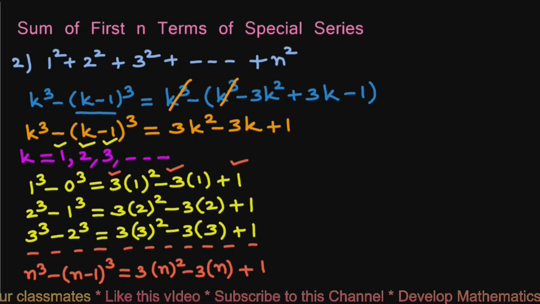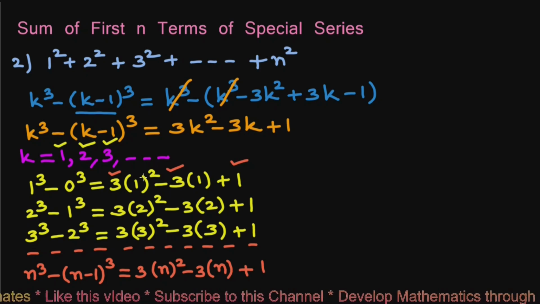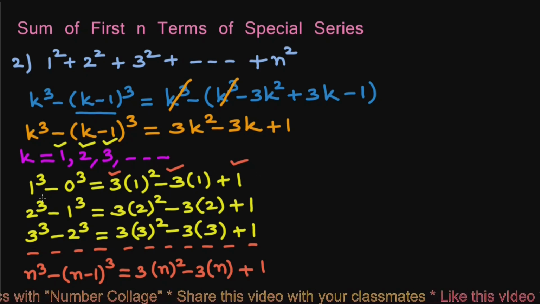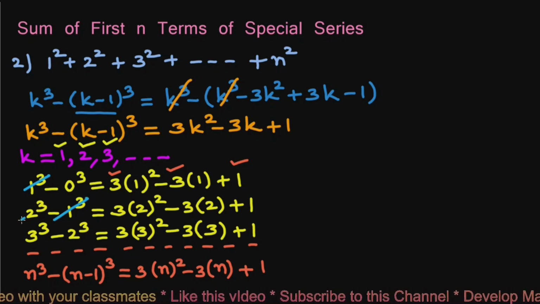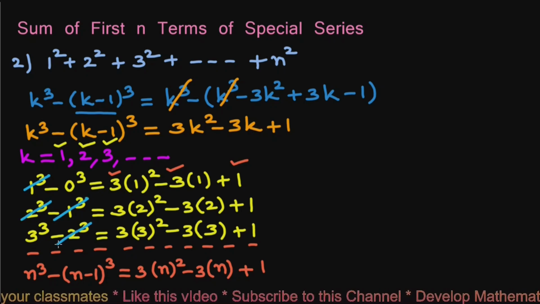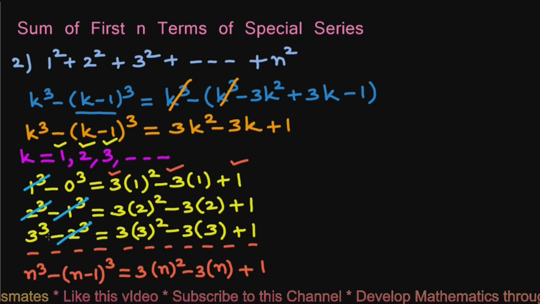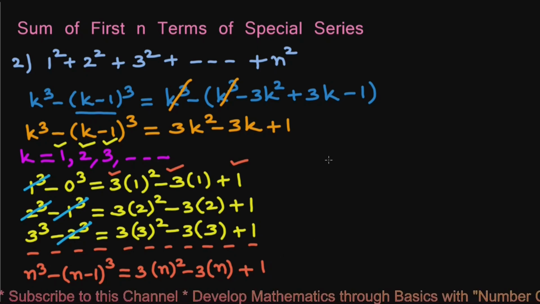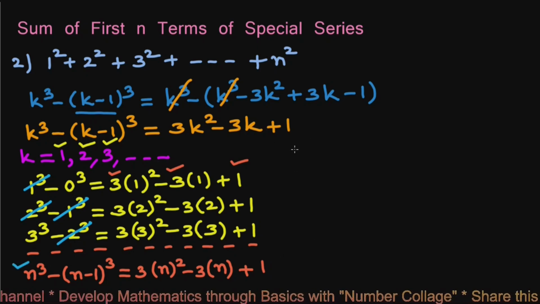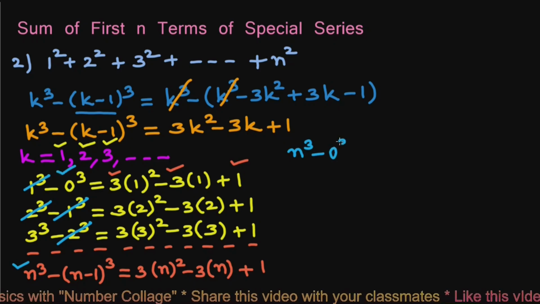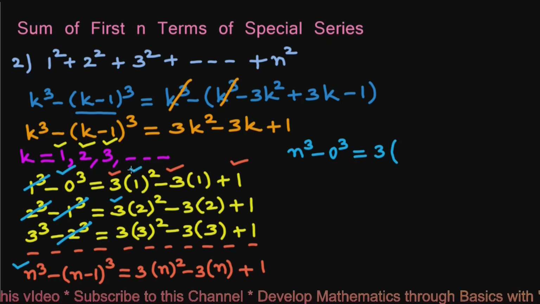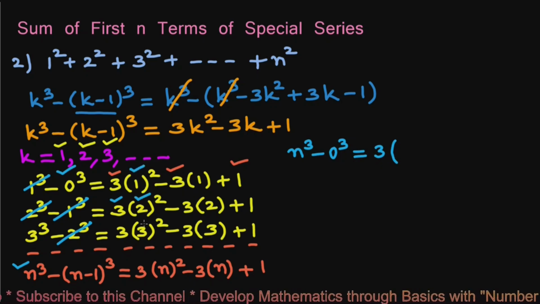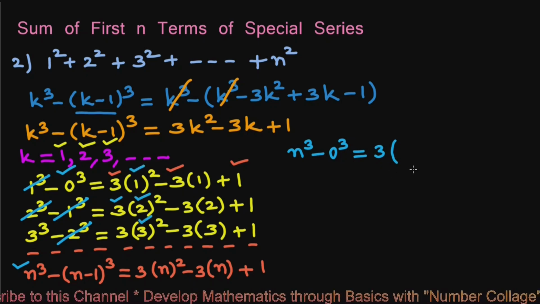Now if we add both sides of these equations that we got, we find that this 1 cube minus this 1 cube is 0. This 2 cube minus this 2 cube is 0, so and so forth. So finally what we get is, on the left hand side, this n cube minus this 0 cube, that equals, it will be this 3 into this 1 square plus this 2 square plus this 3 square, so and so forth.